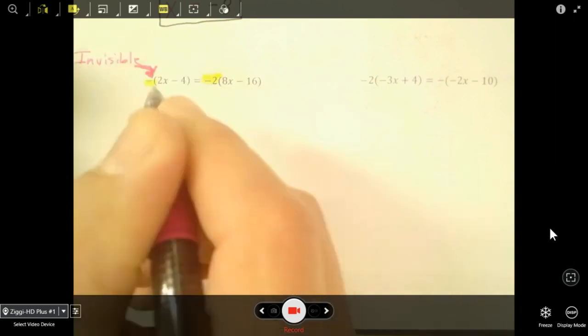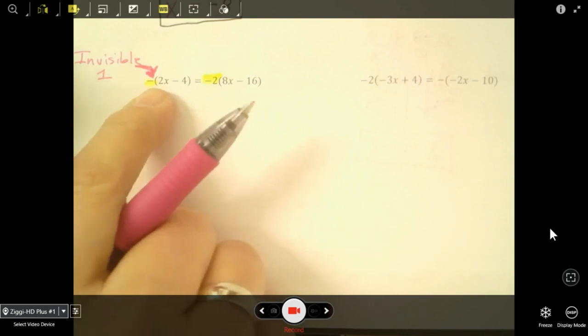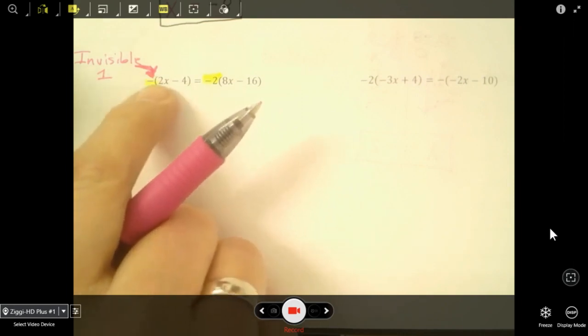Let's make a new arrow. So have your arrow point down and come back, and I want you to write invisible 1. Remember, there's always an invisible 1 in front of the parenthesis anytime there's a negative sign by itself. So this one has an invisible 1.